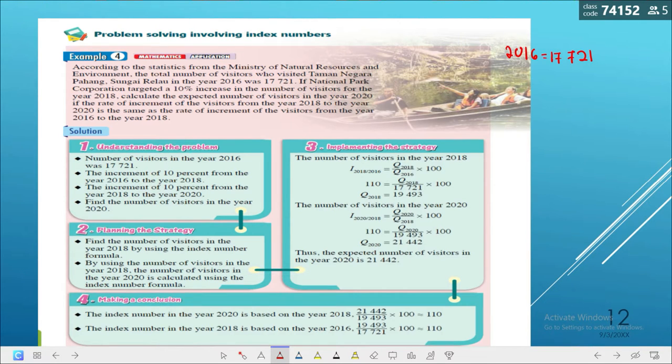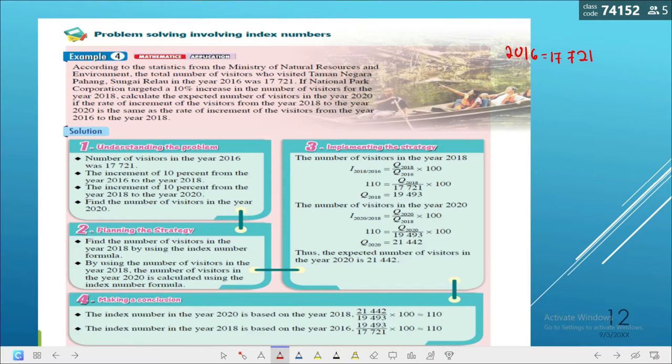Let's see what information is given here. They give you 2016 is 17,721, and also the increment is 10%. If the increment is 10%, the index should be 110, because yesterday we already learned how to interpret.